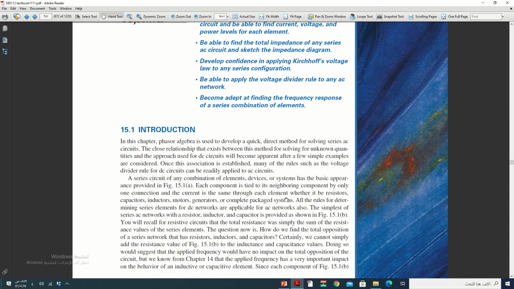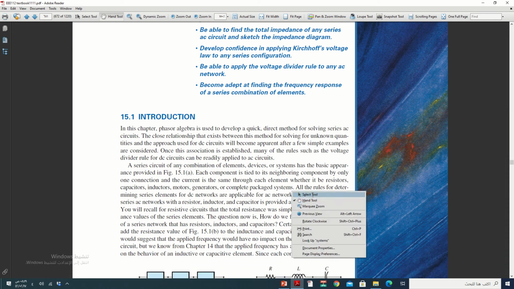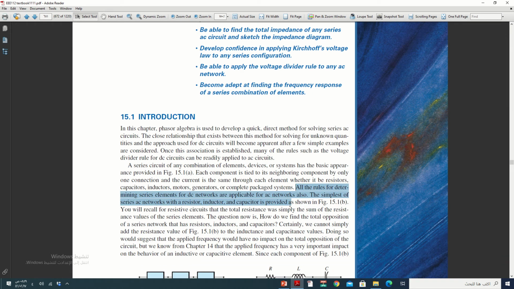First of all, the rules of determining series elements of DC networks are applicable for AC networks also. If you remember, in a series circuit all the currents are equal and the summation of voltages equals the voltage source.